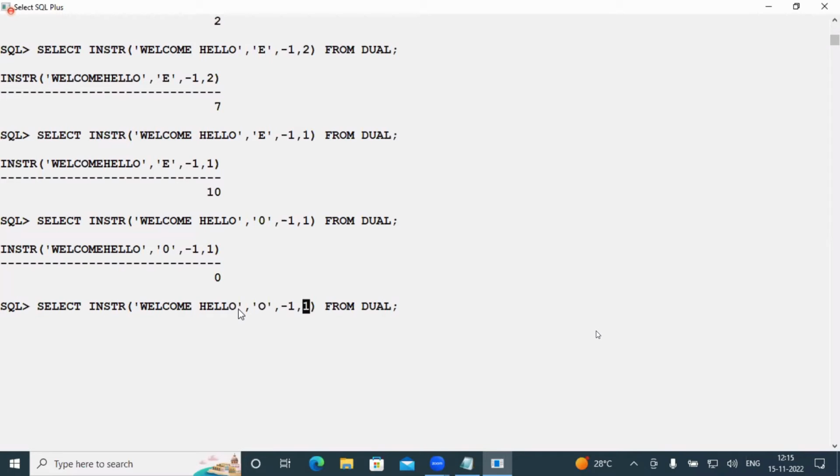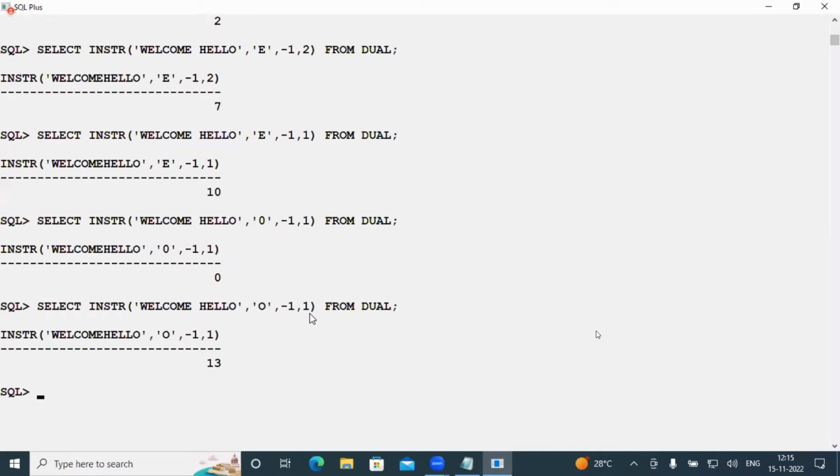This is the first occurrence, this is the second occurrence. So from O, -1, first occurrence of O, which position? 13th position.